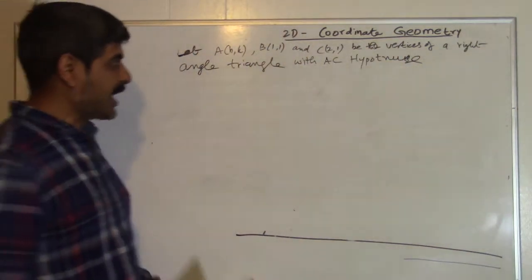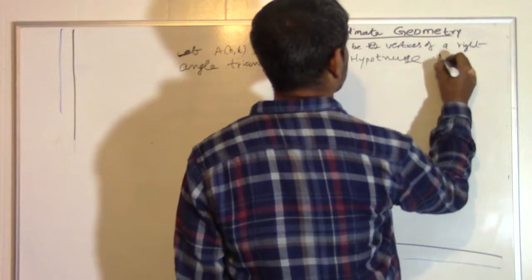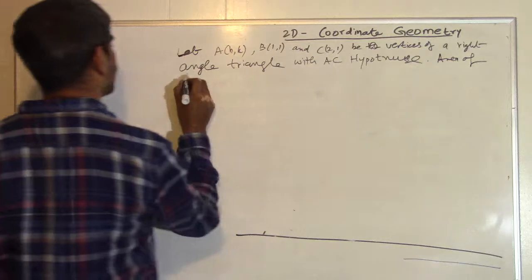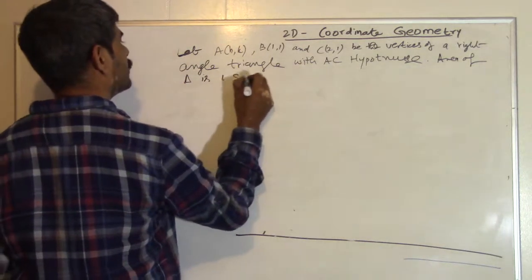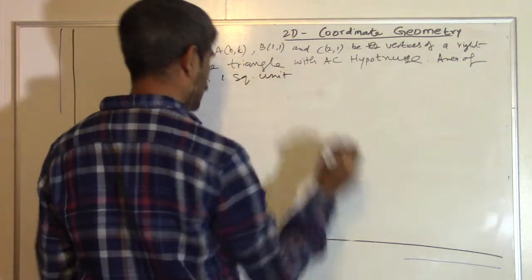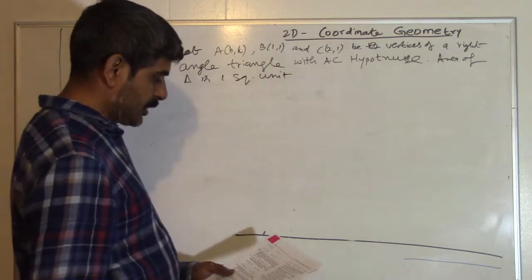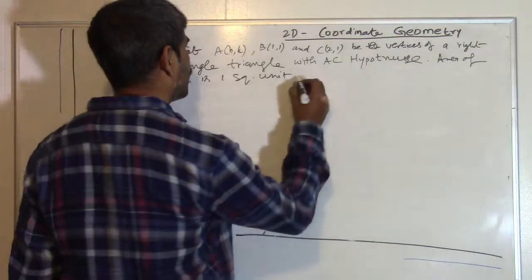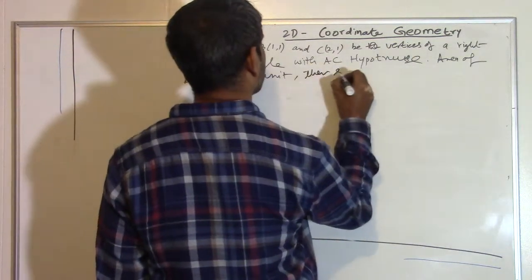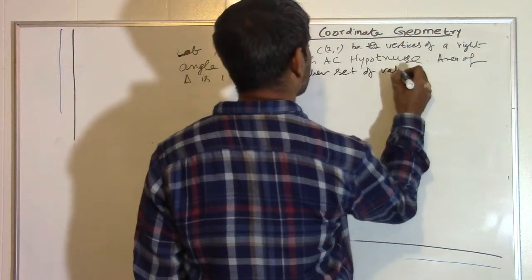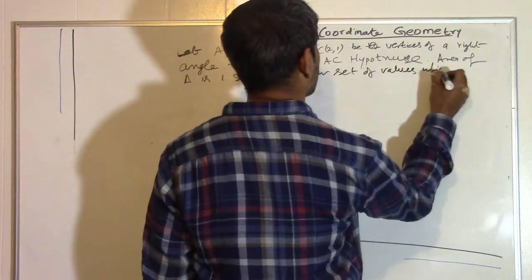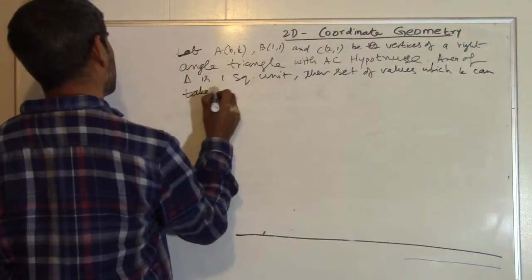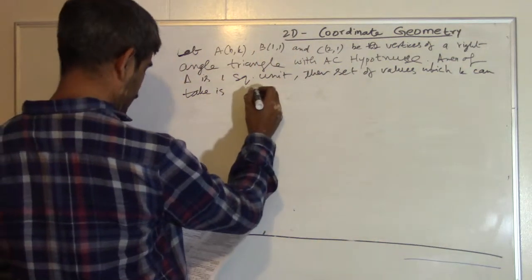If the area of the triangle is 1 square unit, then the set of values which k can take is, we are given 4 options.